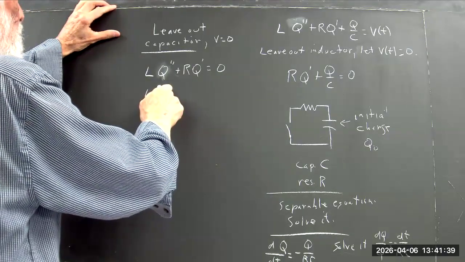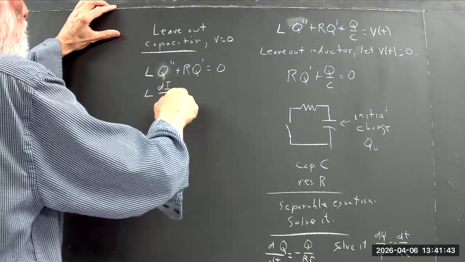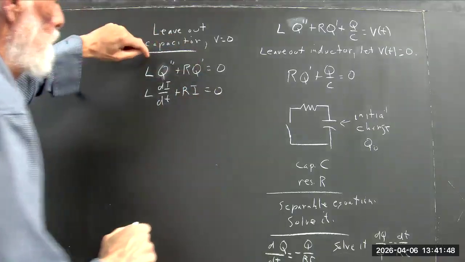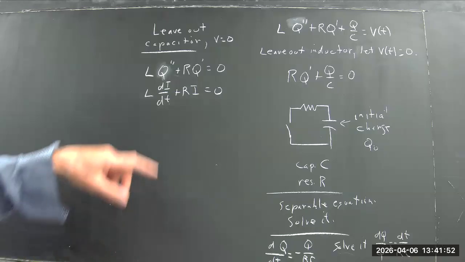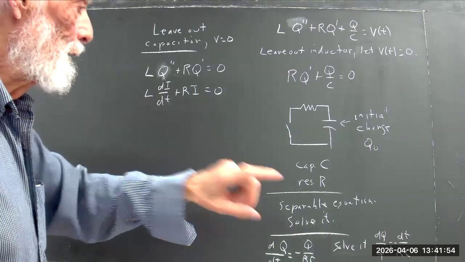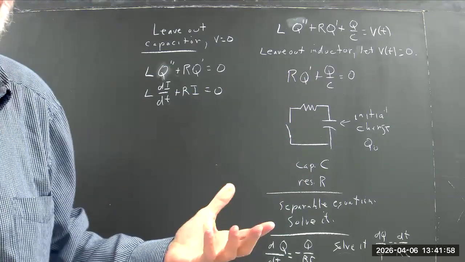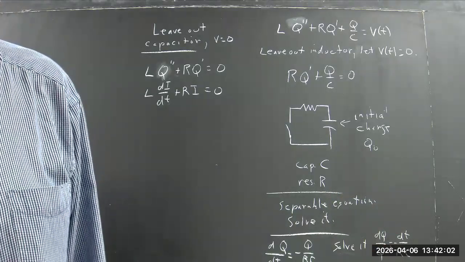It becomes L di dt plus Ri. You don't need Q because you don't have the capacitor. This equation is exactly the same as this equation, except that the coefficients are different, right?